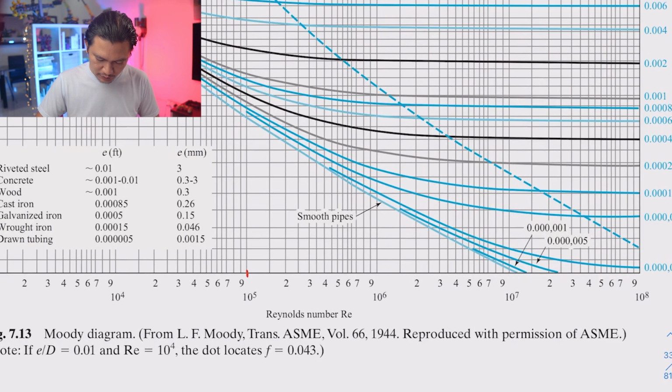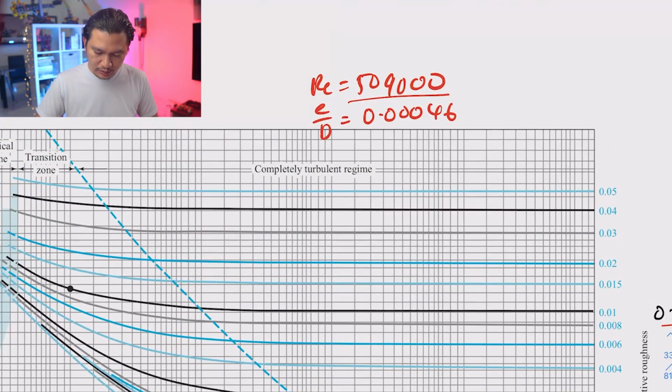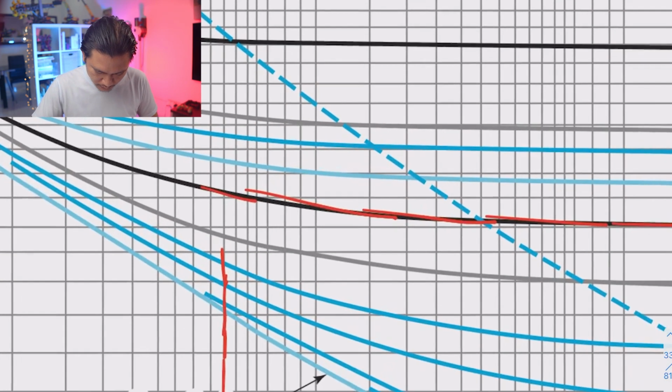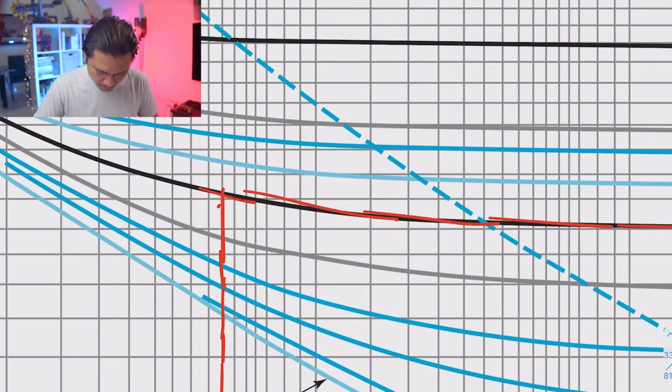This is 100,000, 200, 300, 400, 500. 509,000 is close enough to 500,000. So we are just going to follow this line and see where it intersects with our relative roughness, 0.00046. So it should be about here.